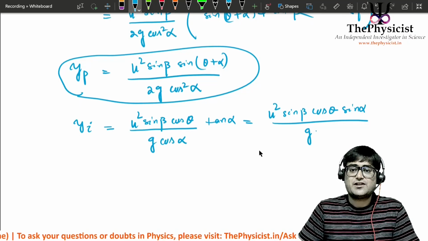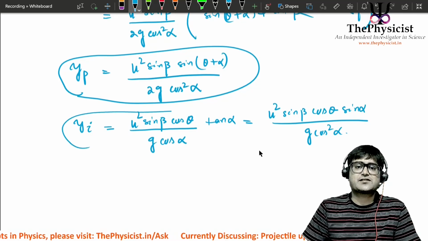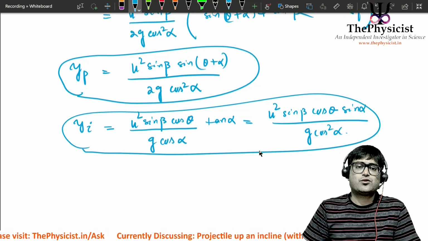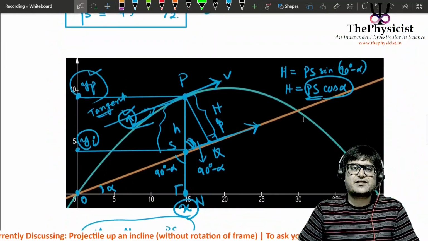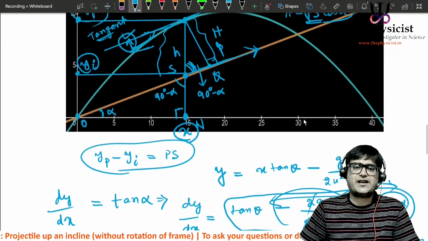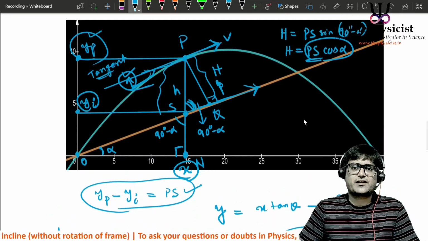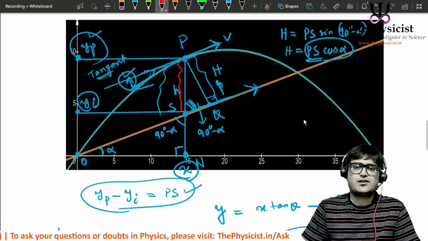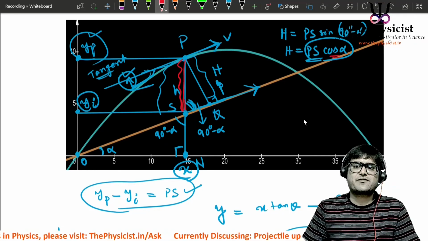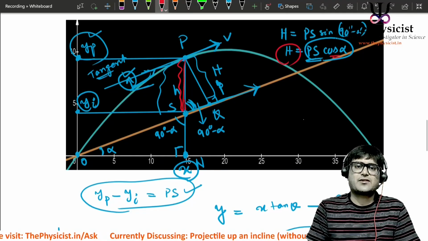So it's going to be g cos squared alpha. You see? Yi has already been obtained. So if I do my yp minus yi, I will be getting this part, PS, which is this point. If I get this part from P to S, then I can simply multiply cos alpha with that and find my maximum height.